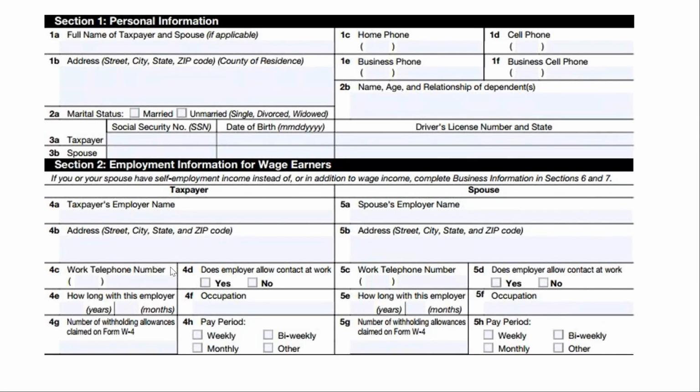All right. And I will tell you, I have worked with plenty of clients where I simply left it blank, okay, because I didn't want the IRS to know where my client was working. Okay. Sometimes you can get away with that. Sometimes you can't.